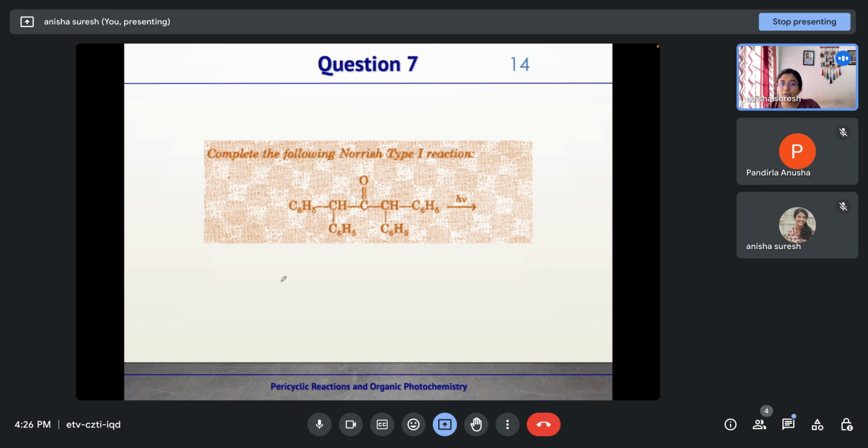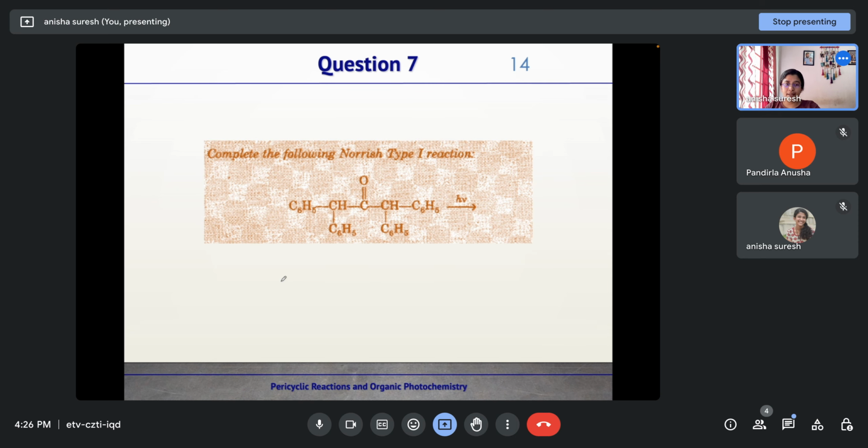Complete the following Norrish type 1 reaction. So in Norrish type 1, alpha cleavage will be taking place, right? When the ketone is exposed to photochemical condition, alpha cleavage will be taking place in Norrish type 1 reaction conditions.